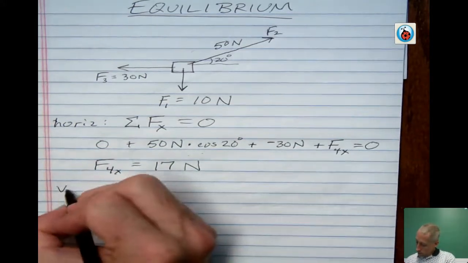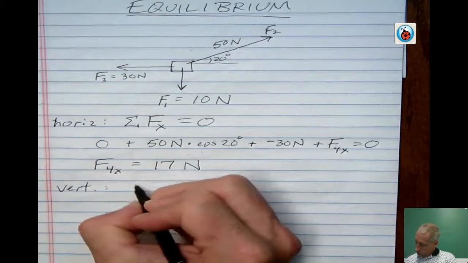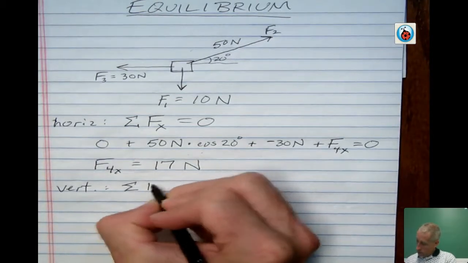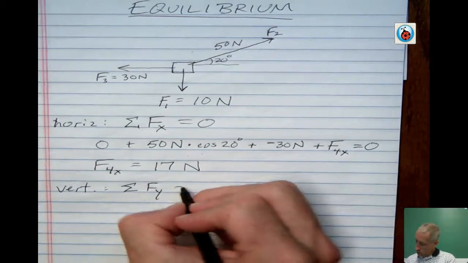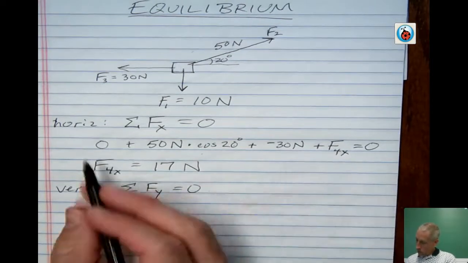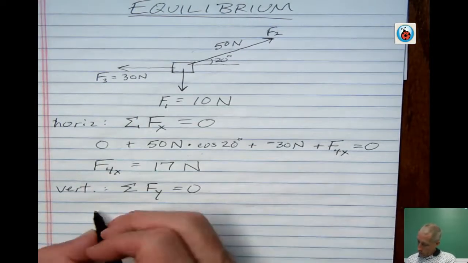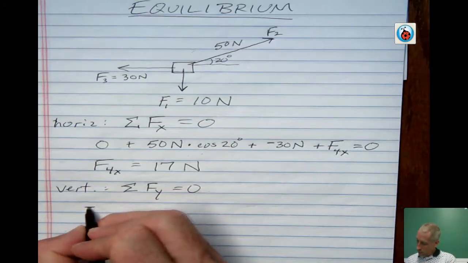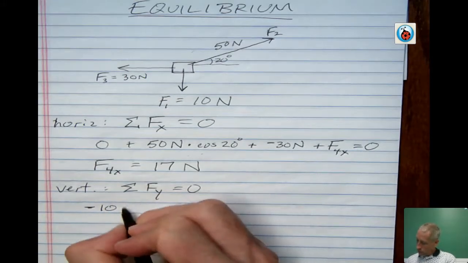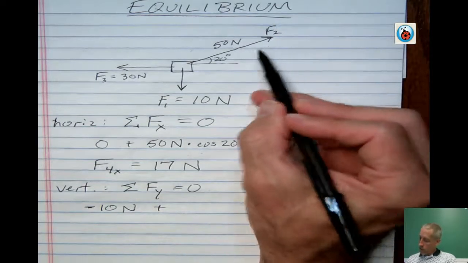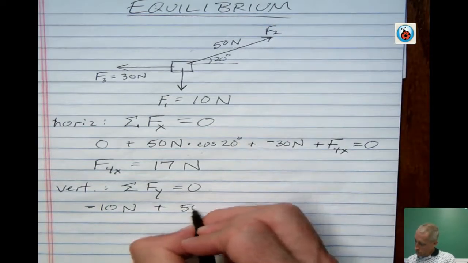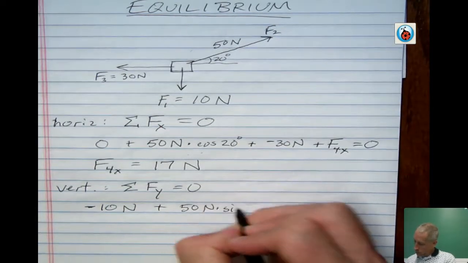Then we do a similar thing in the vertical direction, except we're going to sum up all the vertical components, so we'll call that the sum of all the y components, and those have to equal 0. So again, going through the three that we know, we got a downward of 10. I'm going to call downward the negative direction. And then we have an upward component of F2, so that would be 50 newtons times the sine of 20 degrees.